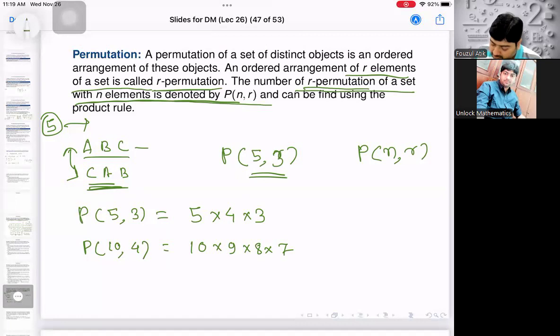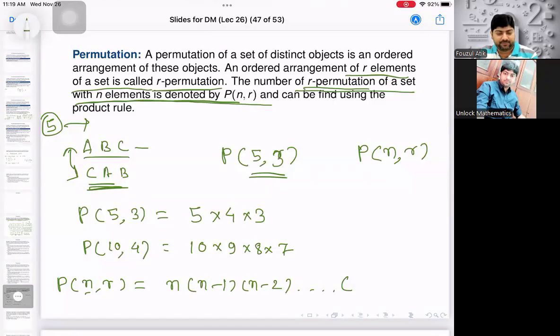By the same way, what will be our P(n, r)? P(n, r) is the number of r-permutations from n elements. There are r positions available. First position it is n, next is n minus 1, then n minus 2. How many are done? 3 are done. In this way you have to get r of them.